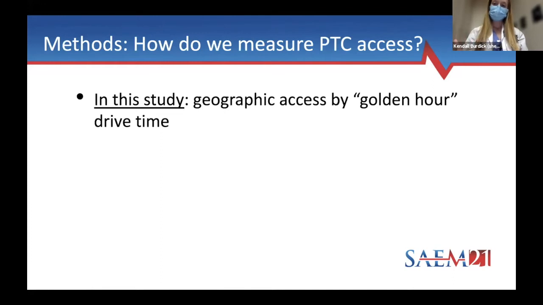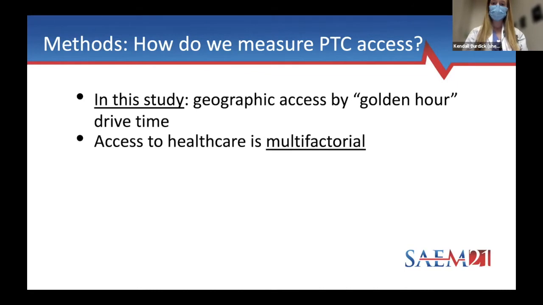So how can we measure pediatric trauma access? In this study, we define access as geographic access within the golden hour drive time. The golden hour is the thought that pre-hospital transport that exceeds 60 minutes has worse outcomes for pediatric trauma victims. However, it's important to address that access to healthcare is multifactorial.